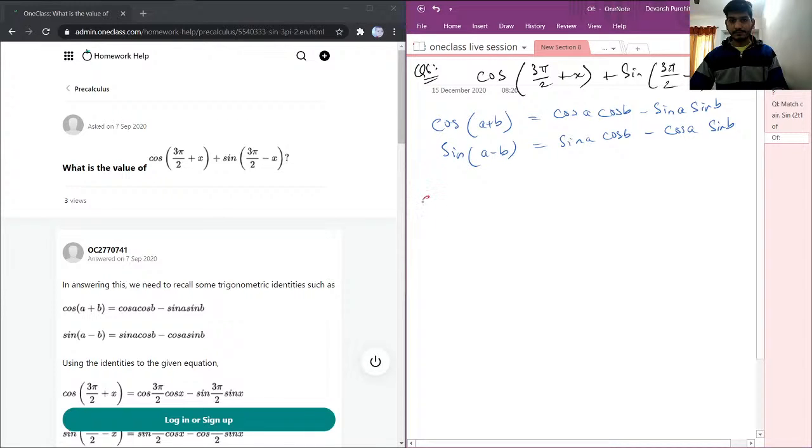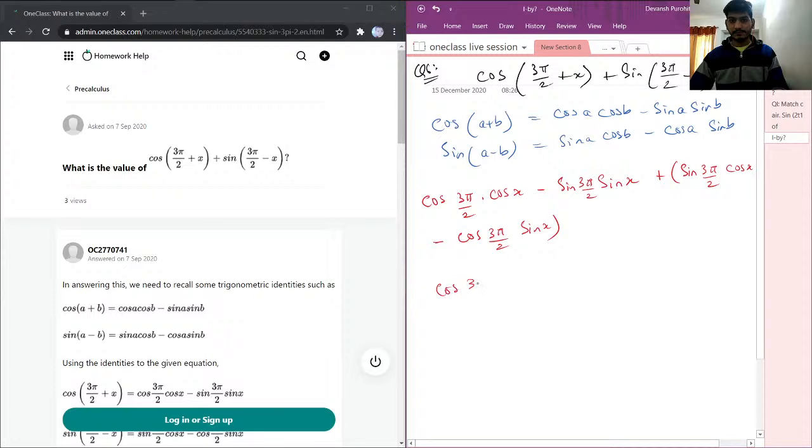So this will become cosine 3 pi by 2 cosine x minus sine 3 pi by 2 sine x, plus sine 3 pi by 2 cosine x minus cosine 3 pi by 2 sine x.